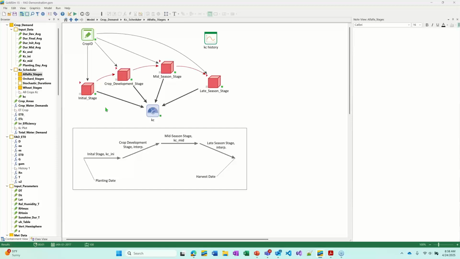uncertainty. Originally, this was built with nested if statements, and sometimes the logic would break depending on if the duration of one stage kind of was too long and went into another stage. It would cause problems. So by using conditional containers, we're able to allow for this sequential stepping of processes.